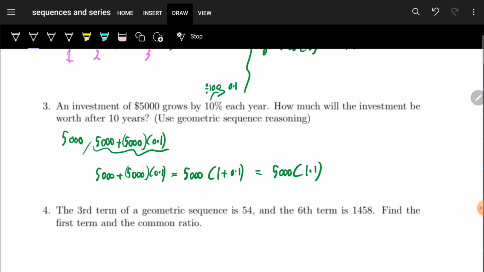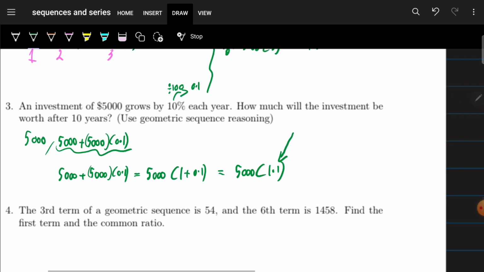So in interest problems, if you're making a profit of 10%, you're keeping the original starting amount of money, we would represent that as 1.1. So it's always whatever the interest is in decimal plus 1.